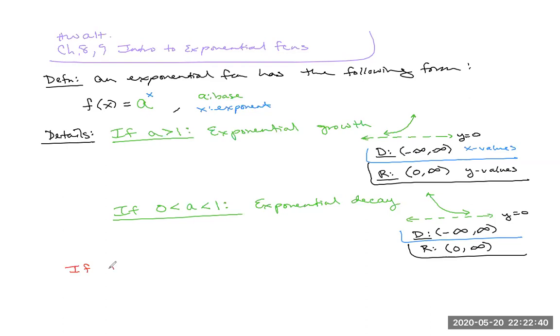If a is equal to 0, you would have f of x equals 0 to the x power. And this would give you a constant function, with the exception of a weird spot.